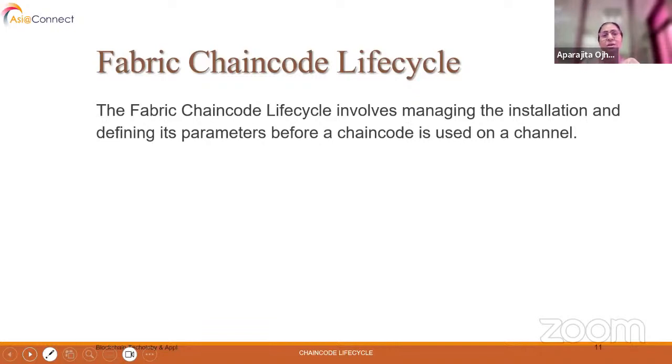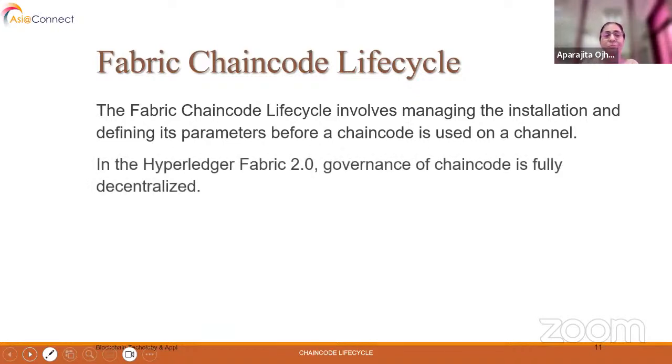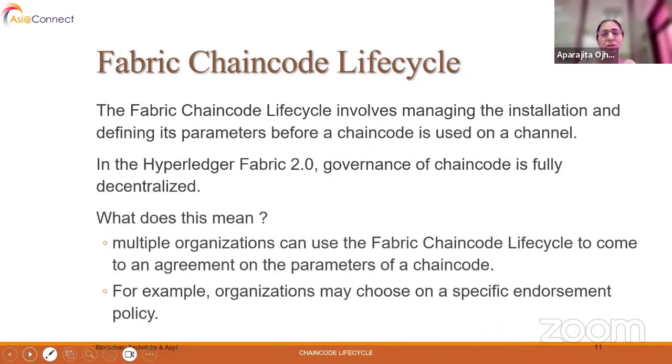So the Fabric chain code lifecycle involves managing the installation and defining the parameters of a chain code before the chain code is actually used on a channel. In Hyperledger Fabric 2.0, initially chain code was not fully decentralized, but from Hyperledger Fabric 2.0, the governance of the chain code is fully decentralized. What does that mean?